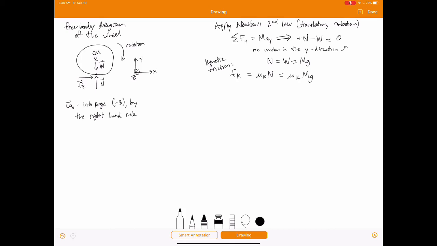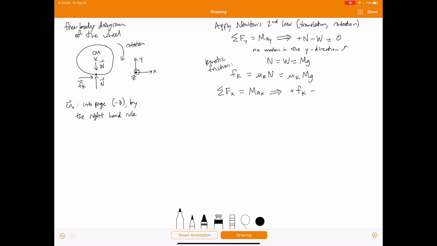Okay, so next, let's do F equals ma, Newton's second law for translation in the x direction. So we have the net force in the x direction is equal to m times ax. And from that, if we go to the free body diagram, we'll see there's only one force acting in the x direction, which is kinetic friction acting in the positive x direction, so positive Fk.